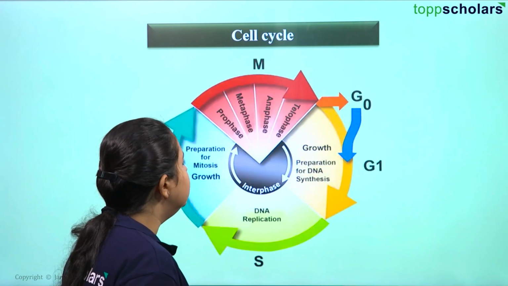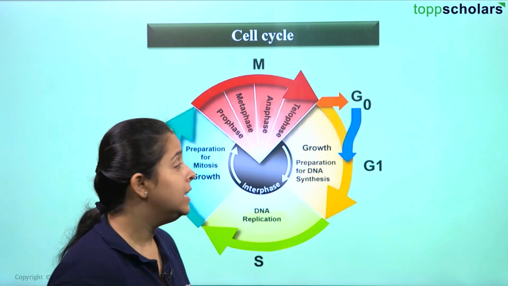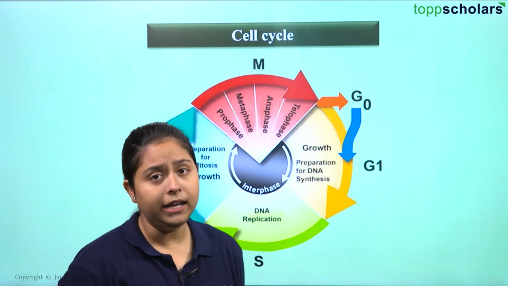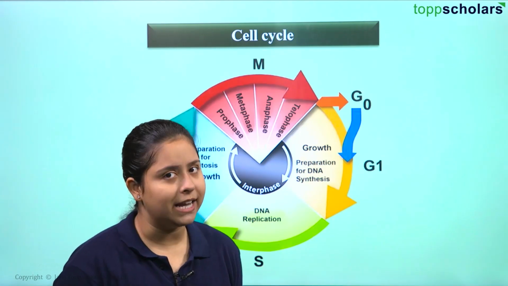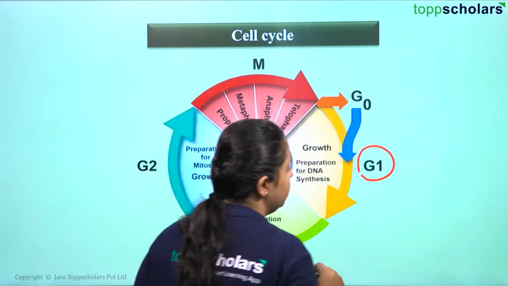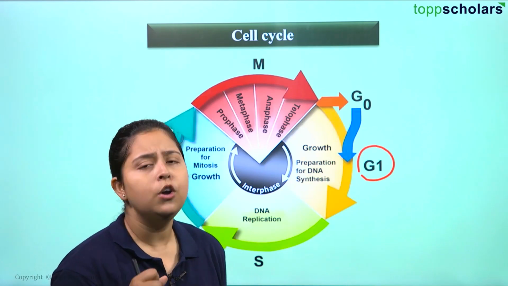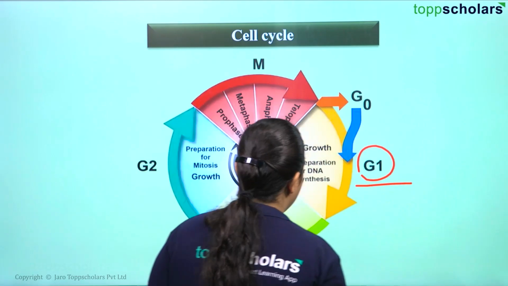So over here, as you can see, this shape is a circle, right? And these are the respective phases in which a healthy, normal cell will continue its life cycle. So let's start with this G1. You need to remember these terms. These are the acronyms for the bigger words. So just keep in mind that we have G1.